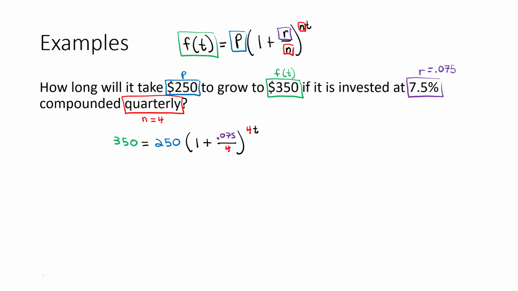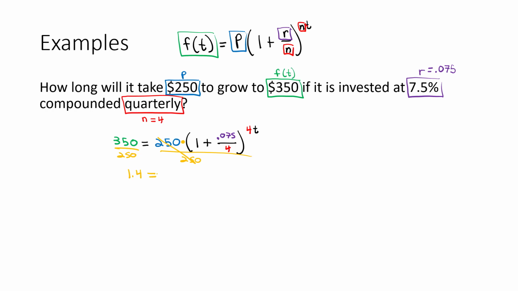So, how do we start solving this? First thing we want to do is get the part with the exponent alone. So we have 250 times that multiplier. So we get rid of that 250 by dividing both sides by 250. And when we do that on our calculator, 350 divided by 250 is 1.4.